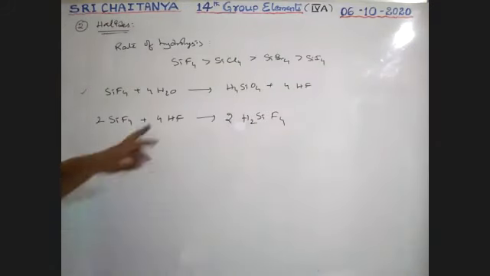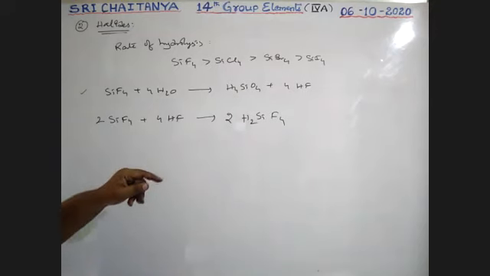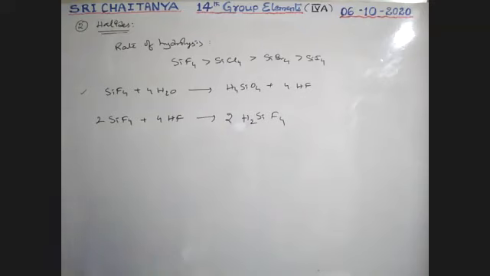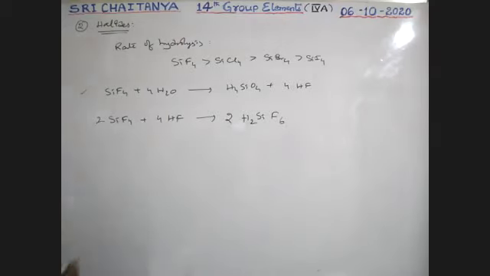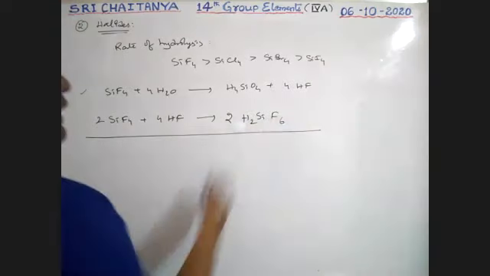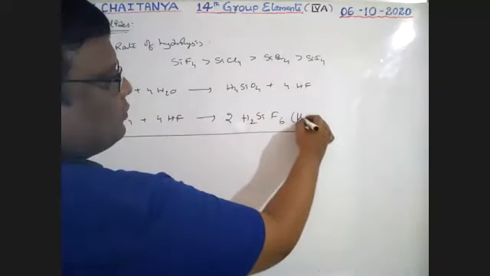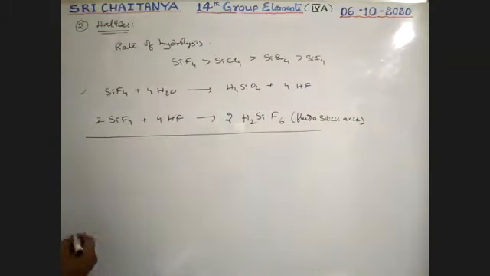Is this balanced? 4 plus 8, 12. Not F4, it is F6. Yes, H2SiF6 is the product, boys, and it is balanced. It is fluorosilicic acid.